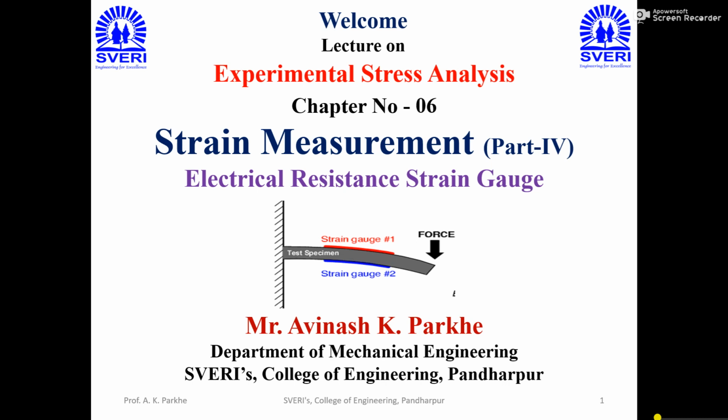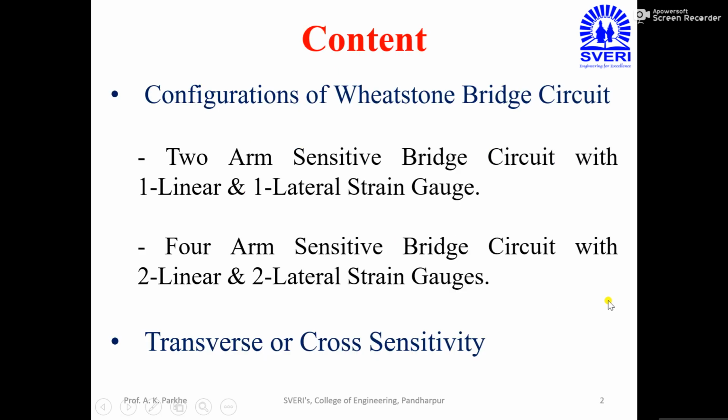So in this part 4 of this chapter, we are going to discuss the same configurations of the Wheatstone bridge circuit. In the last two lectures we discussed the two arm sensitive bridge circuit and the four arm sensitive bridge circuit. But now we are once again discussing the two arm sensitive bridge circuit, where the two strain gauges are not both linear strain gauges; one strain gauge is considered a linear strain gauge and the other is considered a lateral strain gauge.